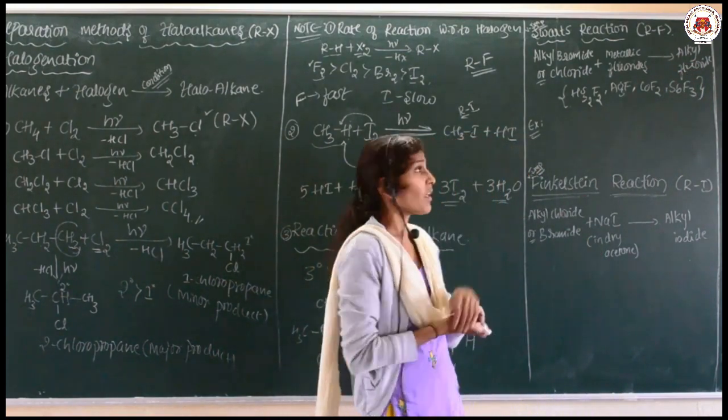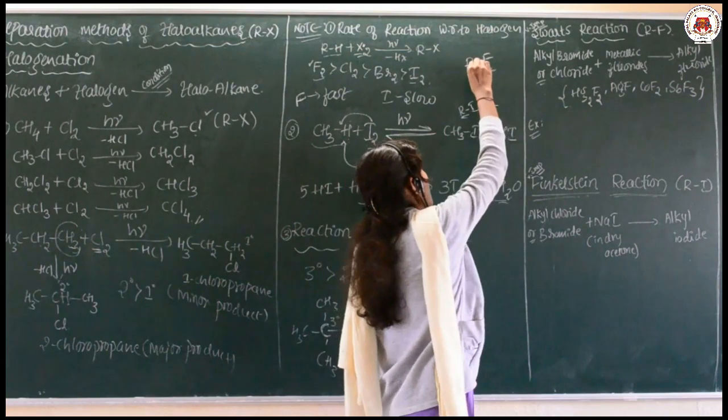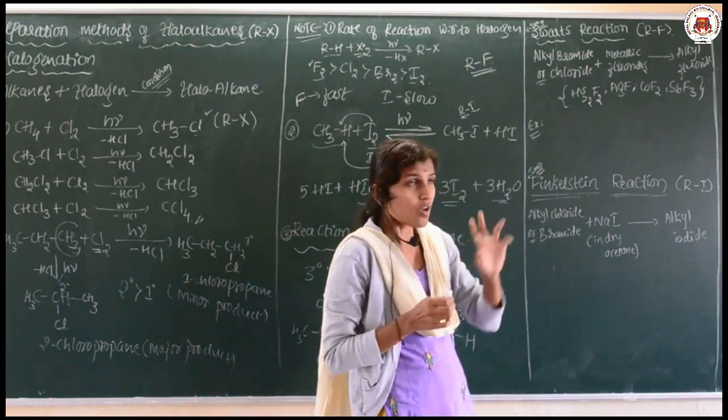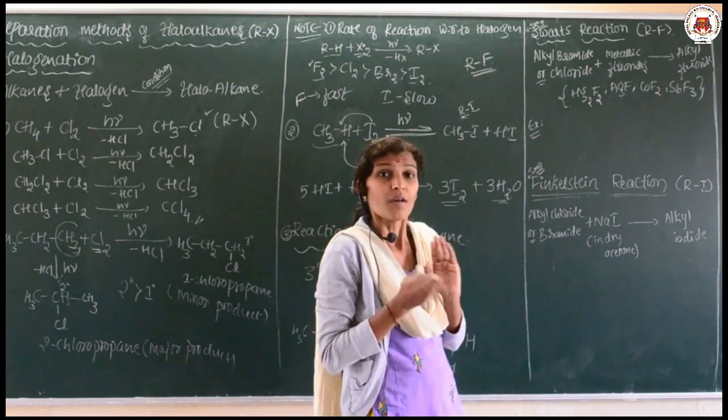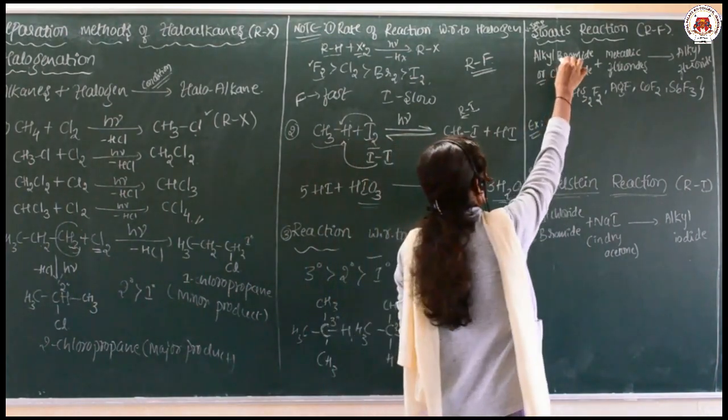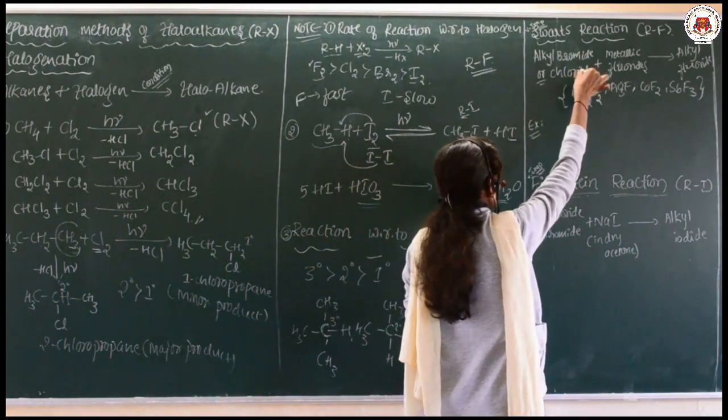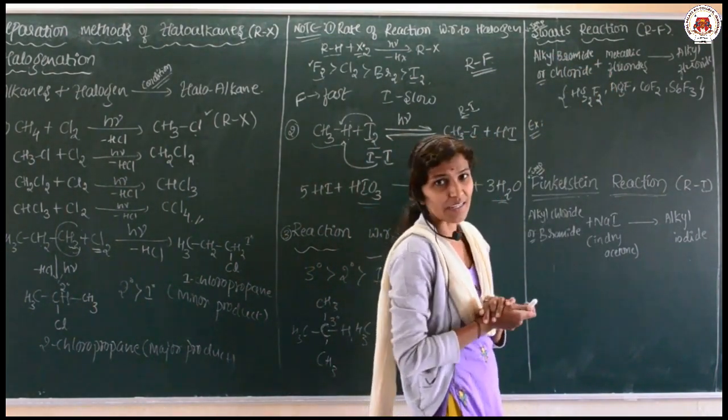RF is nothing but alkyl fluoride. So how is this RF obtained? By treating alkyl bromide or chloride with the metallic fluoride.